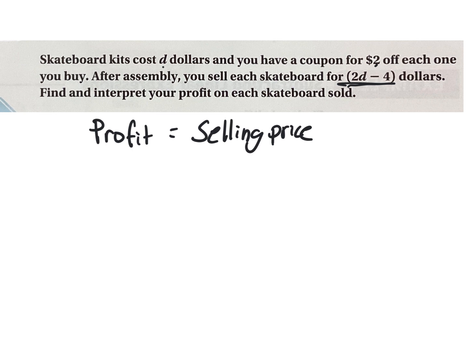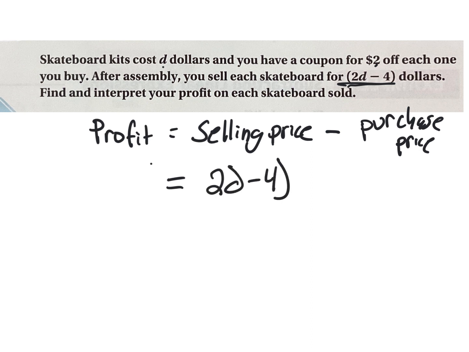And then you're going to take away the purchase price. Okay. So the profit is what we don't know, so we'll leave that blank. We do know the selling price. Selling price is 2D minus 4.